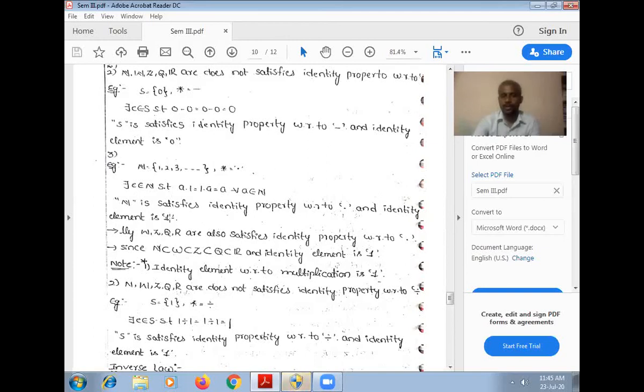But you are getting another value, so 2 is not an identity element with respect to multiplication, but 1 is the identity element with respect to multiplication. So N satisfies the identity property with respect to multiplication, and the identity element is 1.